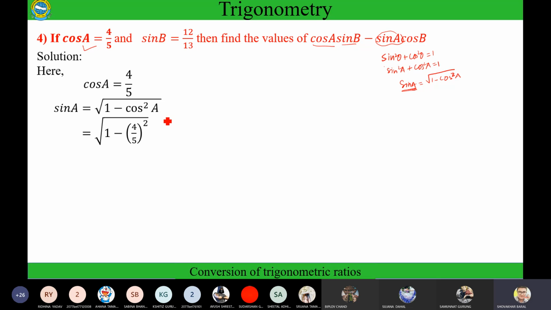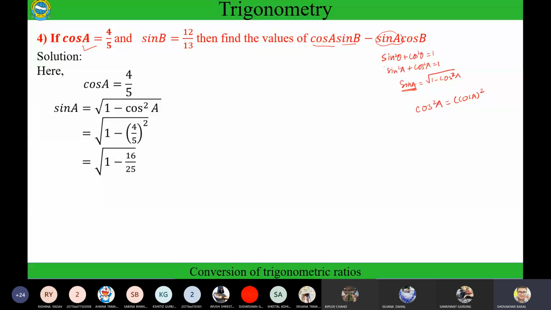So it will be equal to square root of 1 minus 4 by 5 whole square. Replace the value of cos. As I told you earlier, please don't get confused. This cos square A is the same as cos A whole square. So 4 by 5 whole square. Simplify it, it will be square root of 1 minus 16 upon 25.